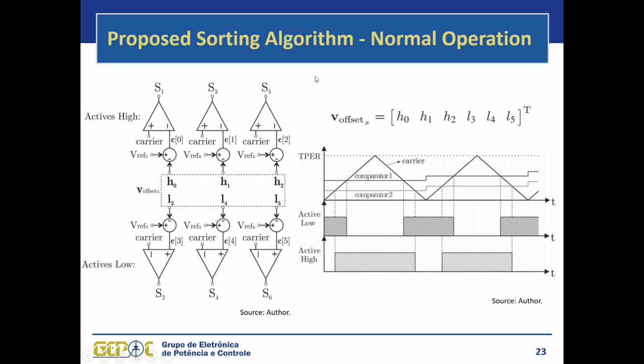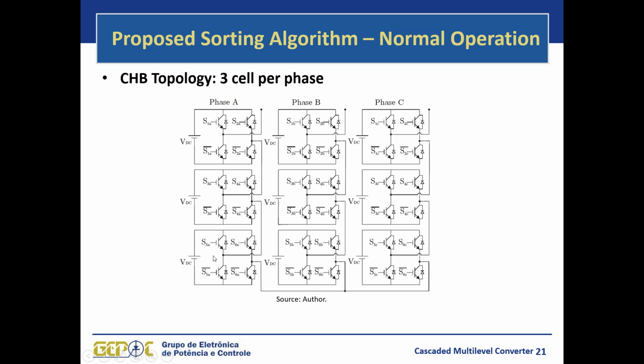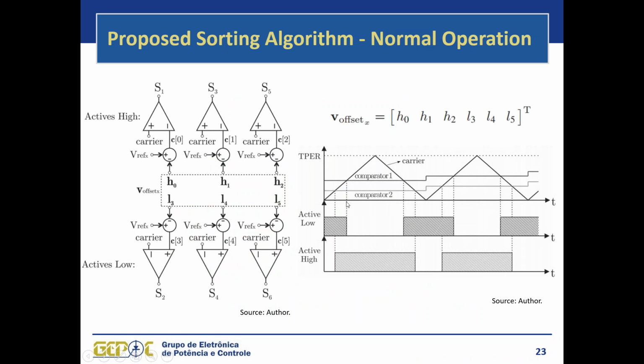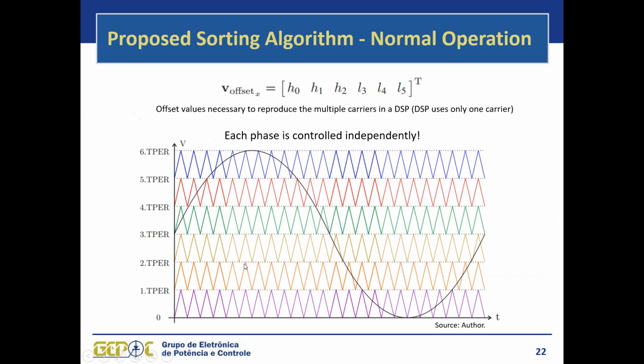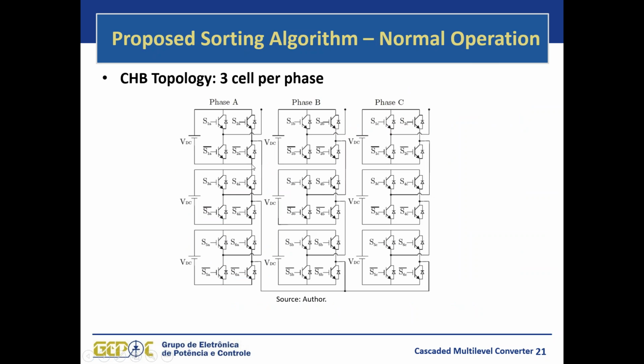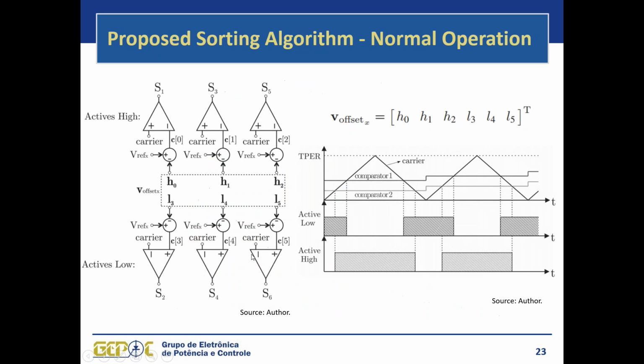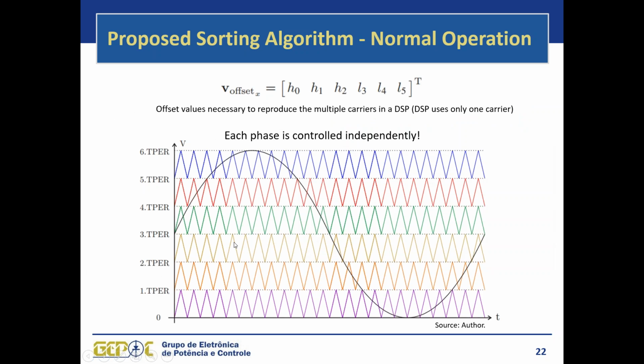active high. So these switches here, S1, S3, and S5, that are these ones that I am showing here, are configured as active high. And S2, S4, and S6, these switches here, are configured as active low.